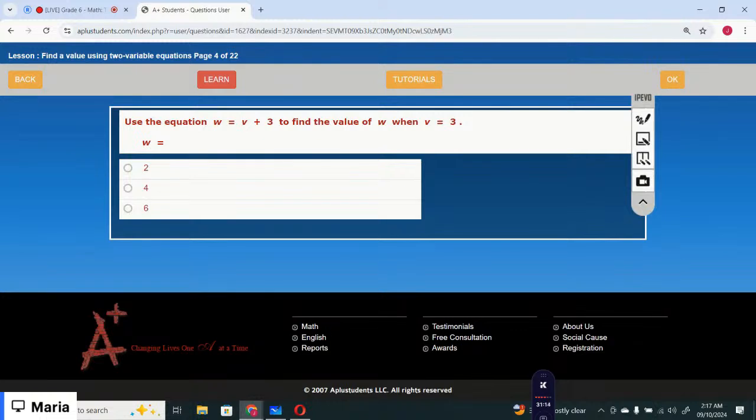Use the equation w equals v plus 3 to find the value of w when v equals 3.